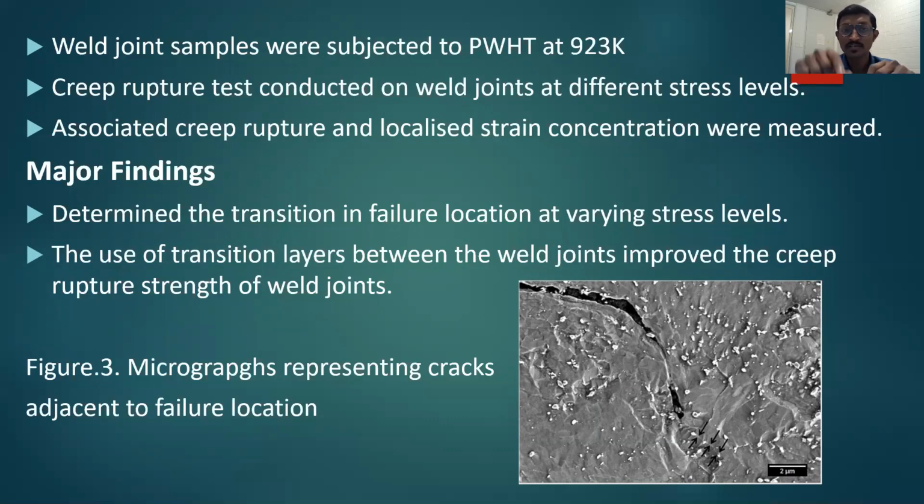Further, the use of transition metal joints or a buttering layer between the ferritic and austenitic stainless steel minimized the residual stresses and enhanced the creep rupture strength in these weld joints. This figure shows the cracks that have developed across the failure locations in these weld joints.